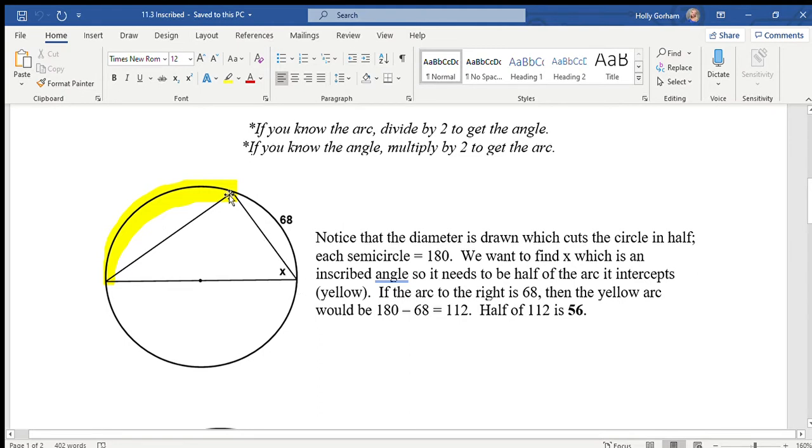If you follow the sides of the angle, notice that it goes out to this arc that's highlighted in yellow. So if this whole semicircle is 180, we would need to do 180 minus 68, which gives us 112. So the yellow arc is 112. Half of that is going to give us 56. So x is 56.